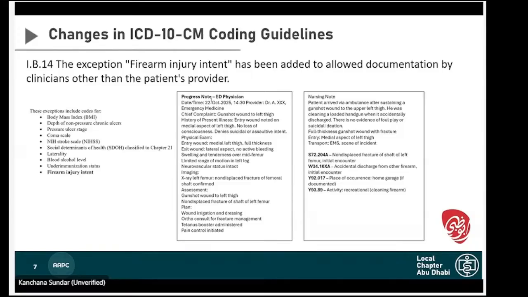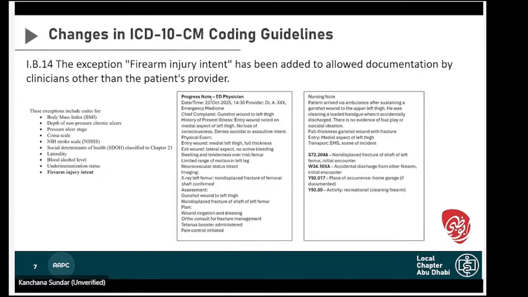So we have independence as a coder to select these codes from a clinician note, whereas every time we are advised to pick the codes only from a confirmed diagnosis by a provider. This is an exception list.